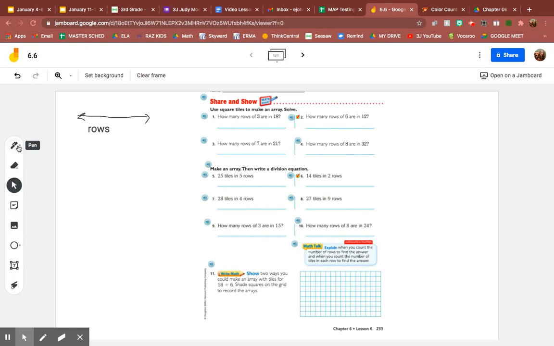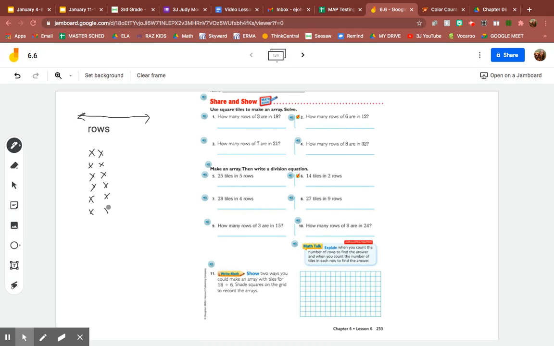So if I wanted to make an array of 6 rows of 2, I would do 1, 2, there's my first row of 2, second row of 2, third row of 2, fourth row of 2, fifth row of 2, and sixth row of 2.